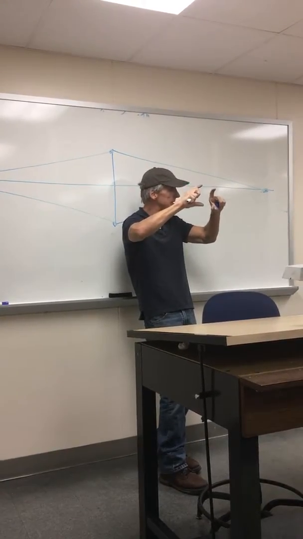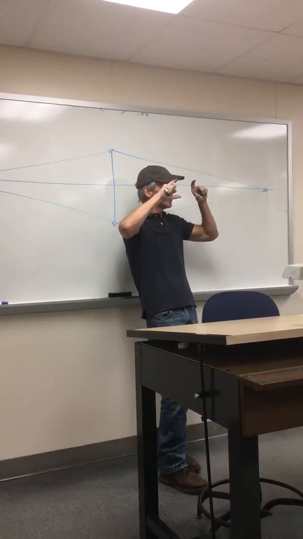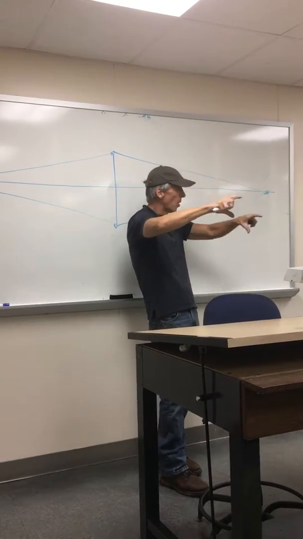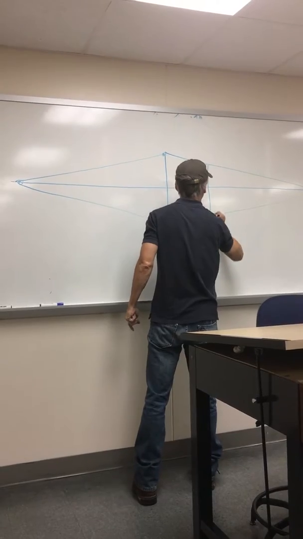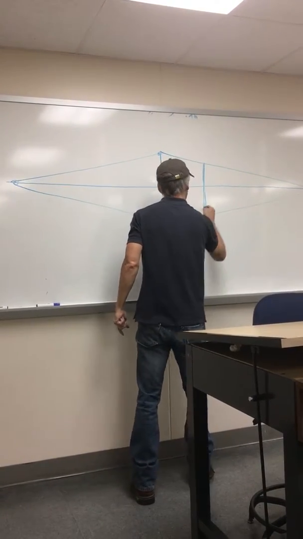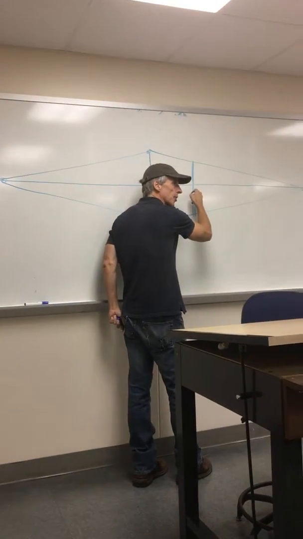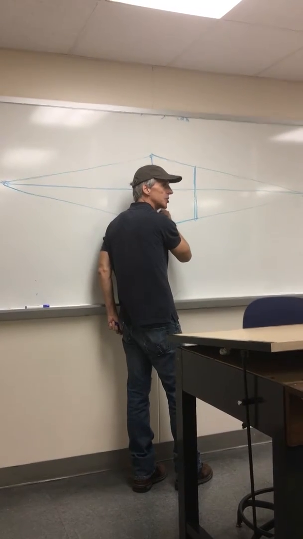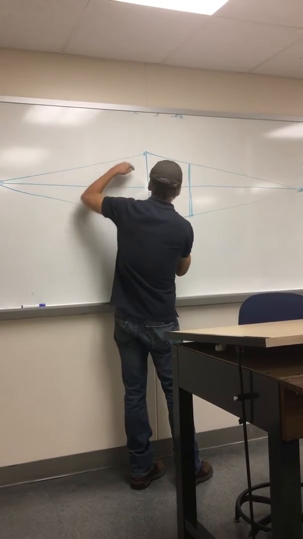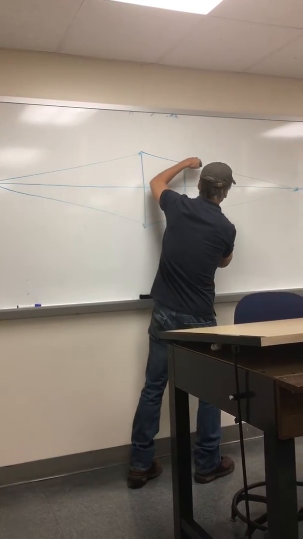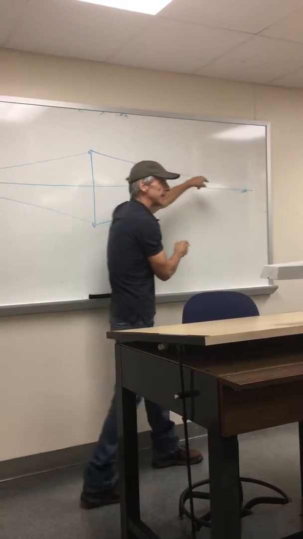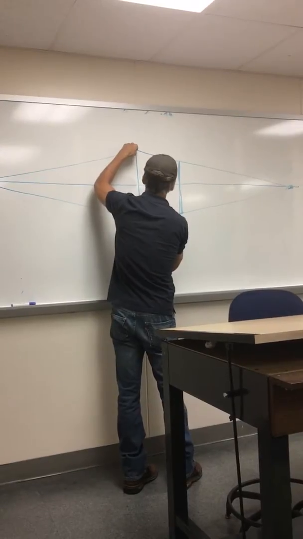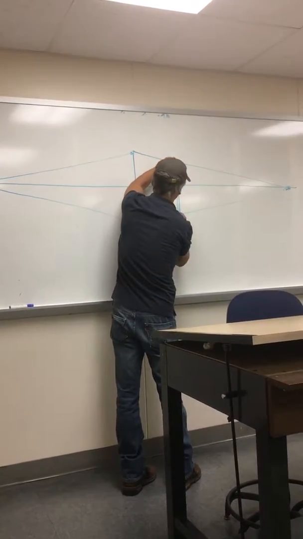Remember the first rule of perspective: something that's further away from you appears smaller than something close to you. So when I draw the side of this plane right here, which would be the side of the house, that's got to be shorter than this to give that illusion of it being further away from you. So these two lines that converge at a vanishing point, that vanishing point is giving me consistency to relay the fact that this is going to be shorter than this.